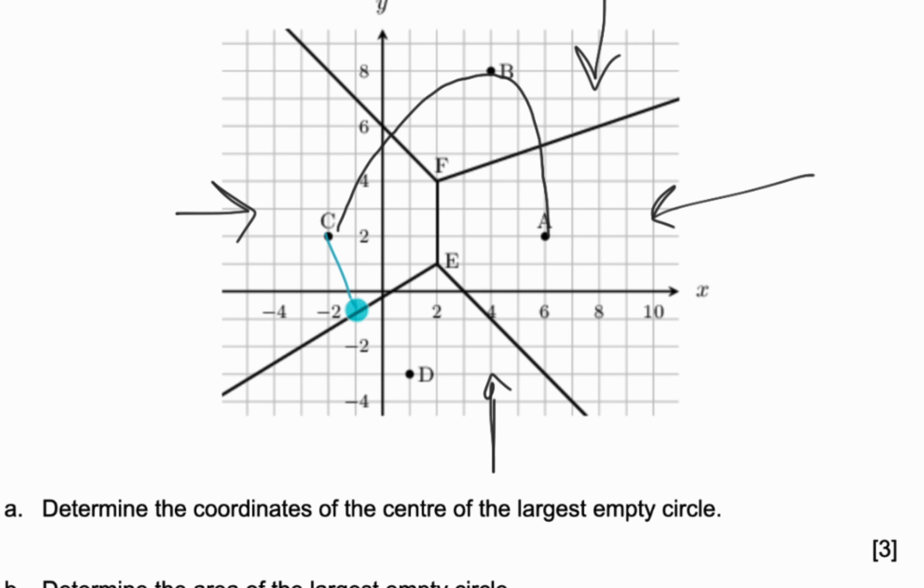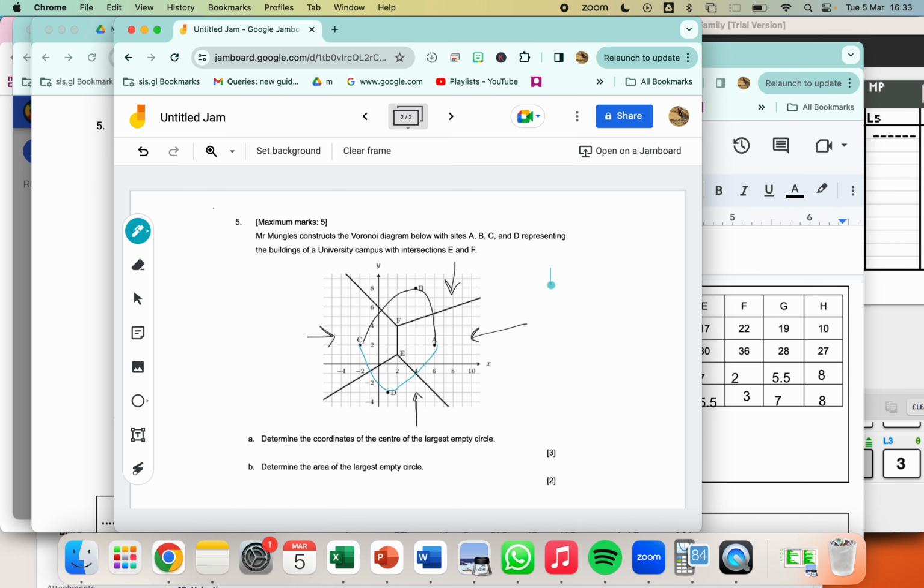So we can see that the distance from B to F is also equal to the distance from A to F, which is also equal to the distance A to C.